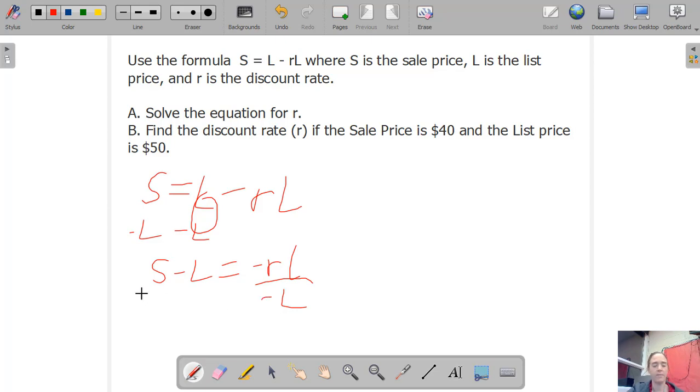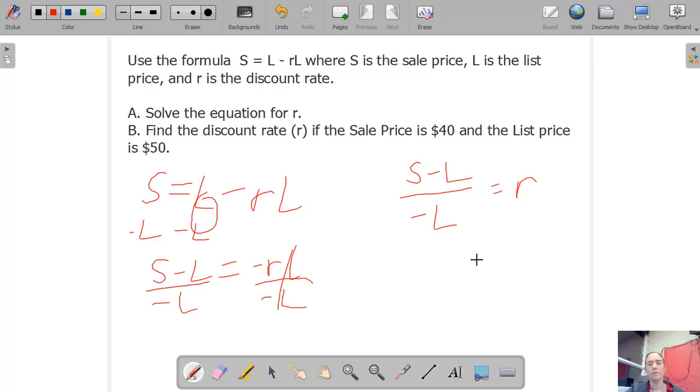I'm going to divide by negative L. That's going to make this 1. And so then I'm going to have S minus L over negative L equals R.